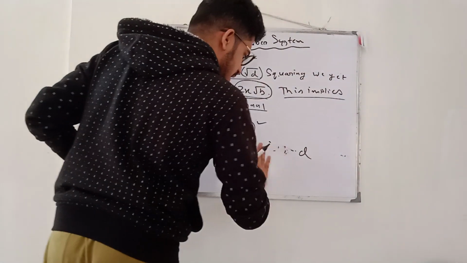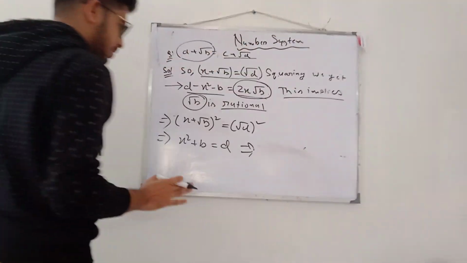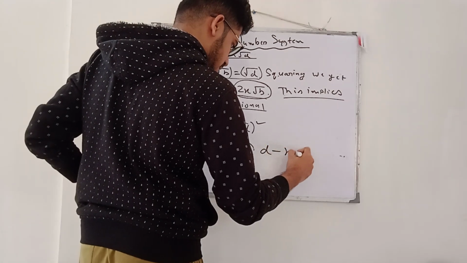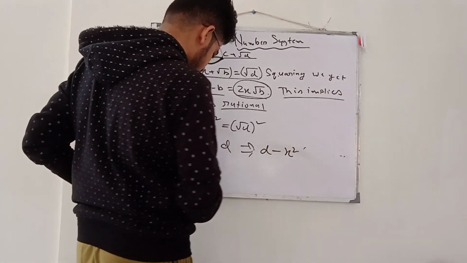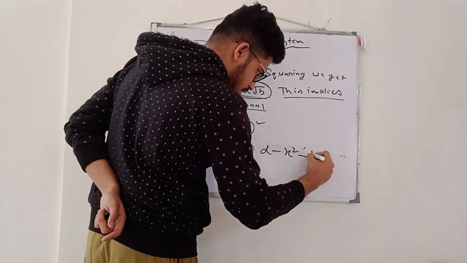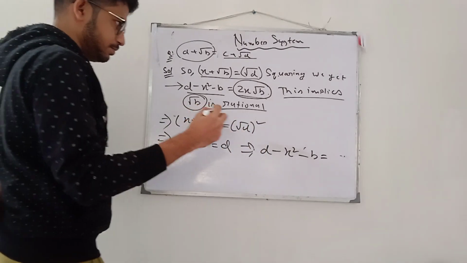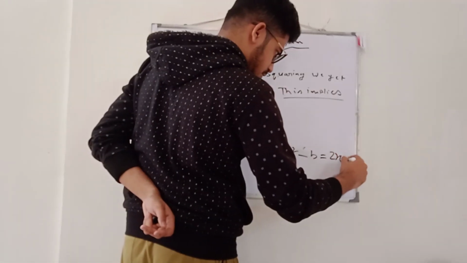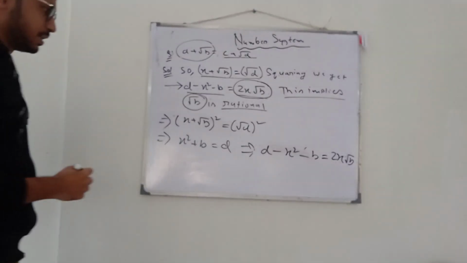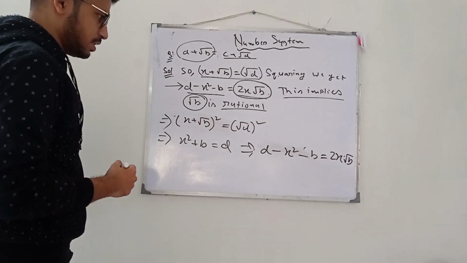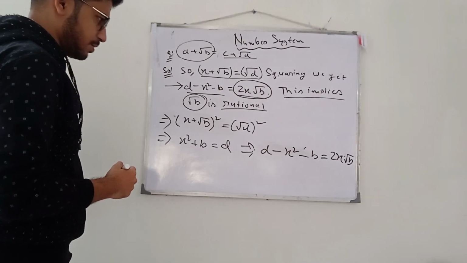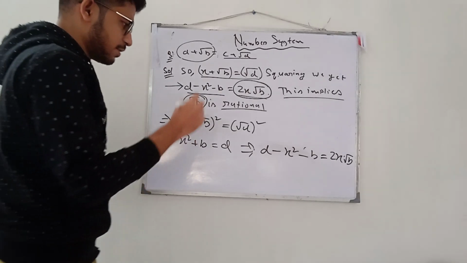Or it can come here: d minus x square will also become x square plus b, this will also become minus x square minus b, and this becomes 2x into root b. This implies root b is rational.